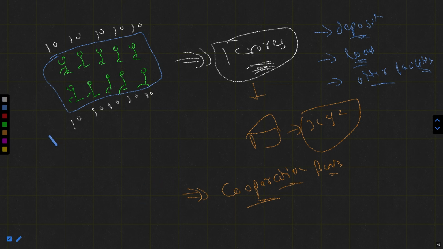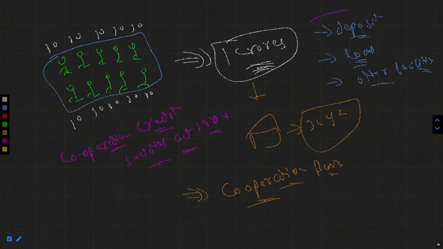As we had discussed, these were introduced by the Cooperative Credit Societies Act, 1904. That particular act established this kind of banks.